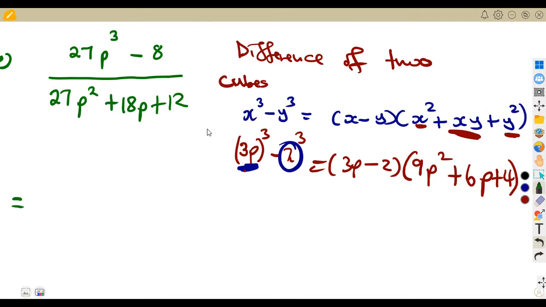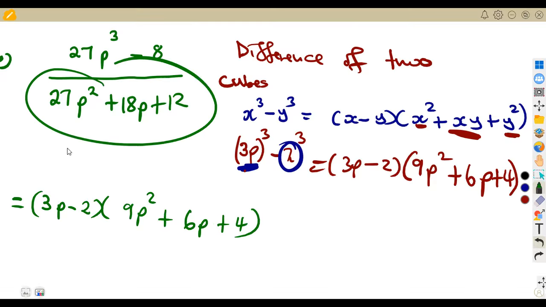So the whole of this part that we see here can be written in a factorized manner. The moment you write this in brackets, we have factorized. So it's going to be 3p minus 2 into 9p squared plus 6p plus 4, like this.